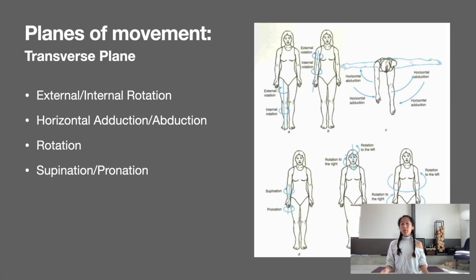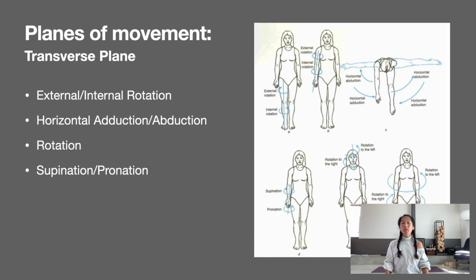Abduction, remember, was taking the arms away, and adduction was bringing them in. But horizontal is moving in this direction. So from here, adduction, abduction. And we talked about some of the rotation already. It can rotate through the joints or even through the torso.